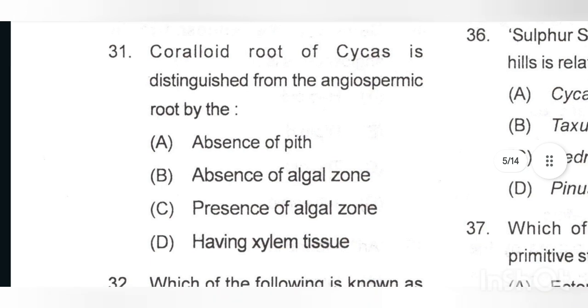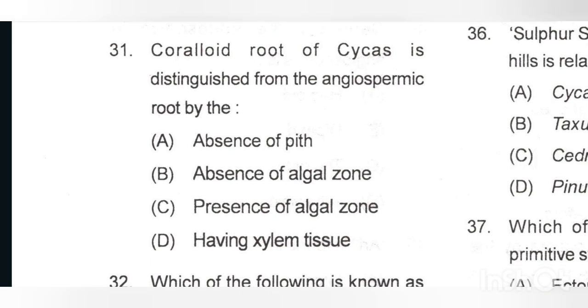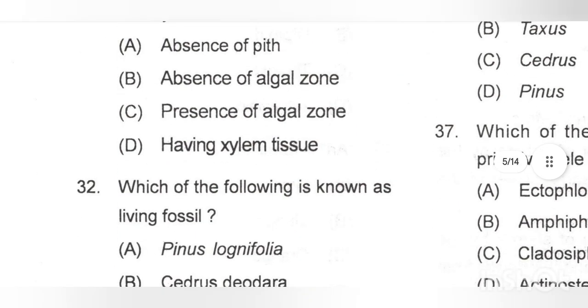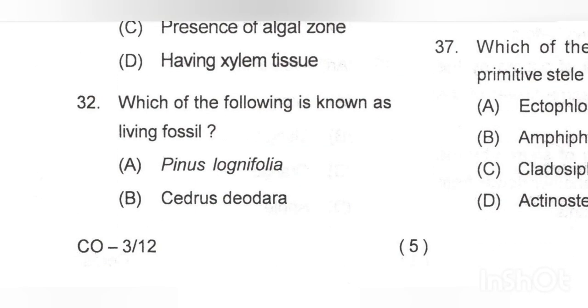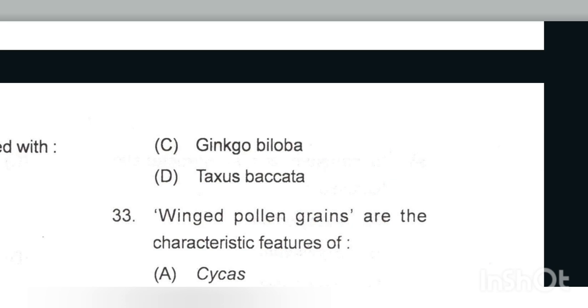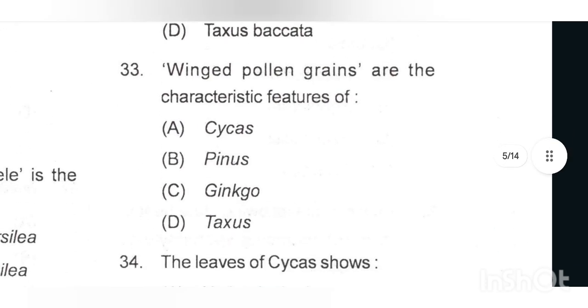Then question number 31, coralloid root of Cycas. Coralloid root of Cycas is distinguished from angiospermic root by, so in coralloid root, an algal zone is present. Then question number 32, living fossil. Living fossil is Ginkgo biloba, option number C. Then question number 33, winged pollen grains are the characteristic feature of Pinus.